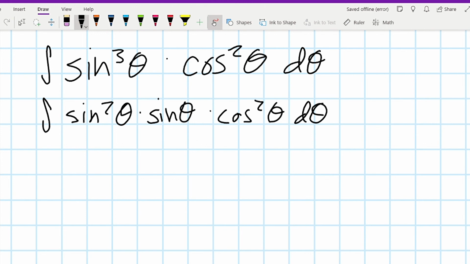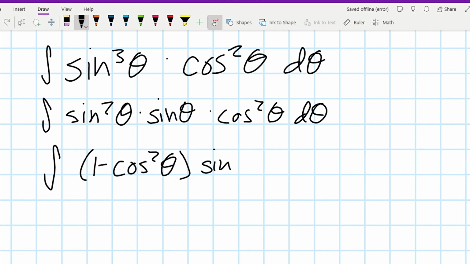And once again, we know that sine squared theta is equal to 1 minus cosine squared theta, so we will replace that. And it's still being multiplied by a sine theta and a cosine squared theta d theta.